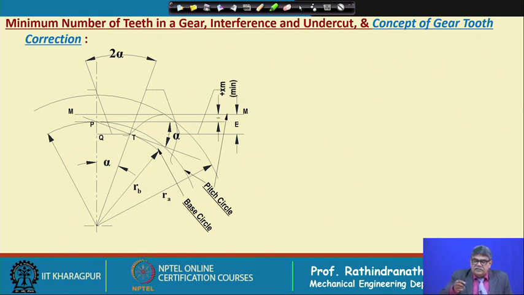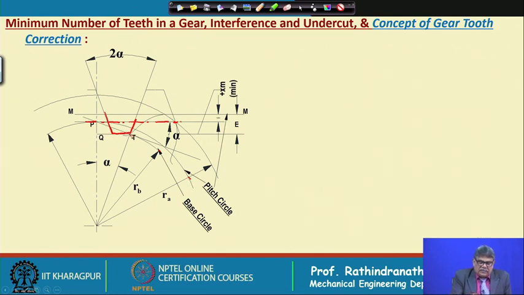that let us consider that this is the rack, the basic rack. This one is the basic rack and this is the pitch line of the basic rack, and this is a pinion which is being cut, for which this is the base circle and this is the pitch circle. Okay.